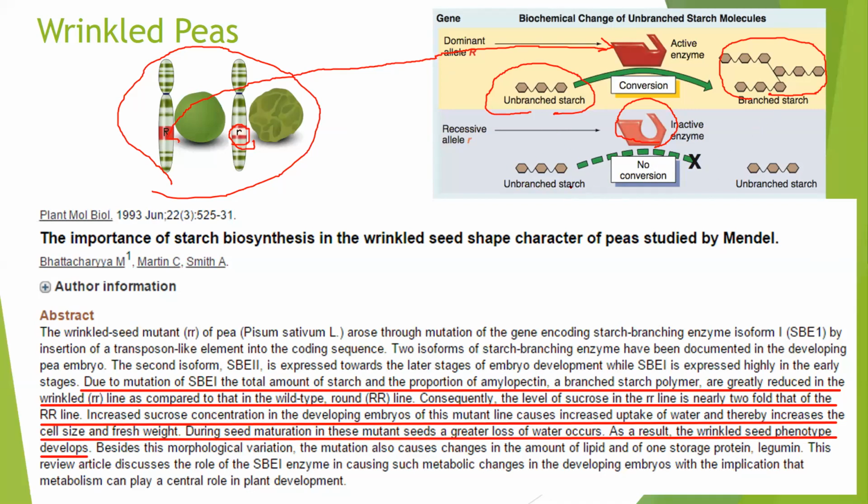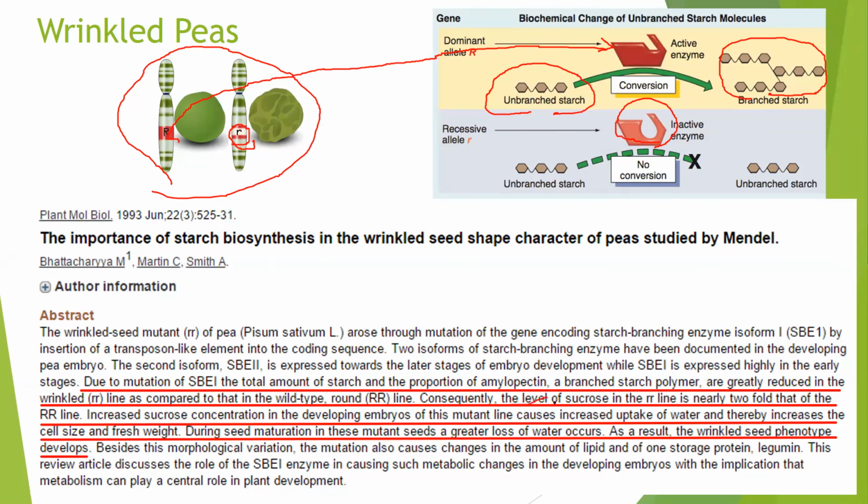So in the cells of the seeds, there is a lot of unbranched starch, but not the branched starch. So what happened here? If this pea plant has the mutant allele, little r, the consequence is what?